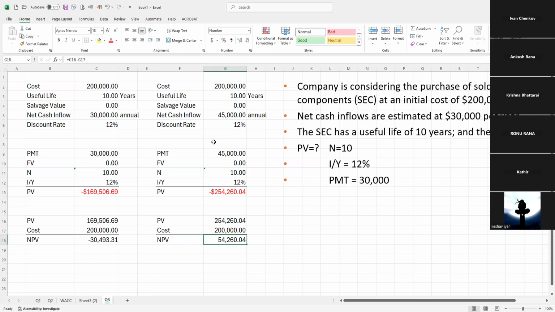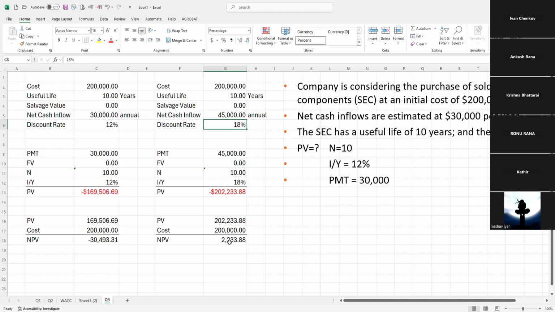Decrease. Let's see. If I put 15% here, you see the net present value goes down. If I put 20% here, the net value becomes negative. So in this case, you can see what's the actual return that this project is going to give you. It's not 12%. Now we're going to 18%, 18 plus percent.